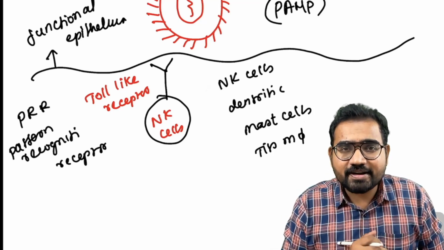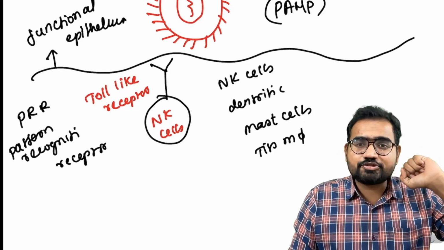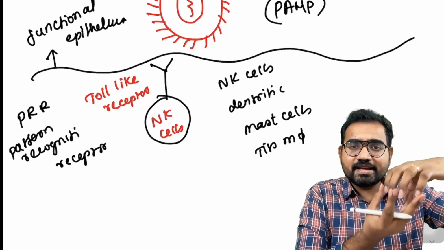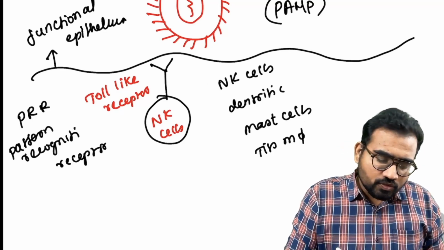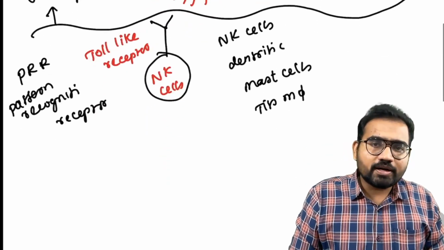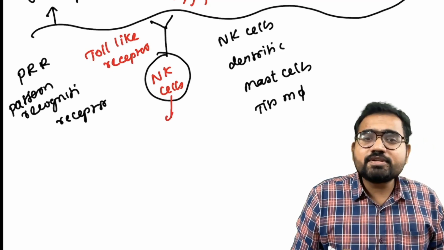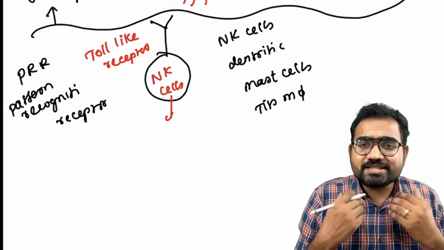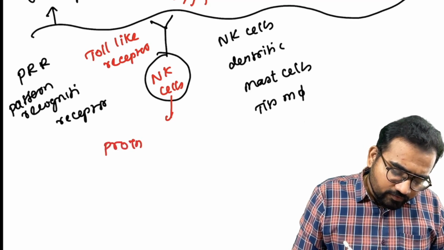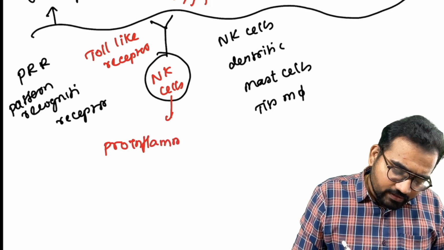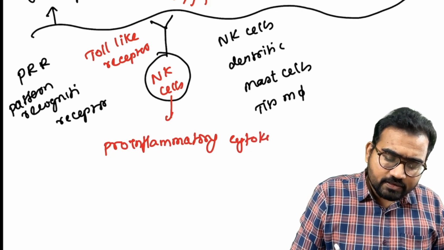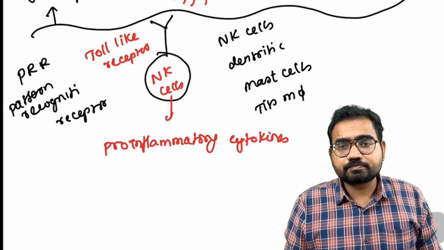What pattern does it recognize? The PAMP, the pathogen associated molecular pattern. So this toll like receptor goes and engages with the PAMP. Once it identifies the PAMP, which is nothing but a foreign object, it will start to synthesize what are called pro-inflammatory cytokines.